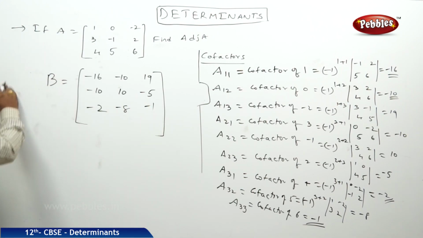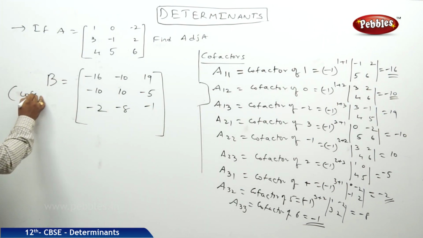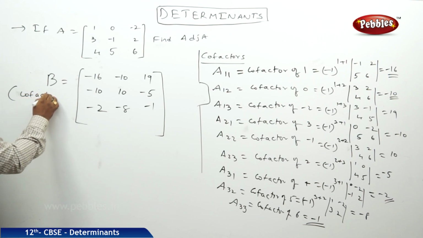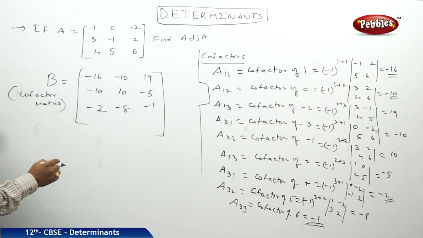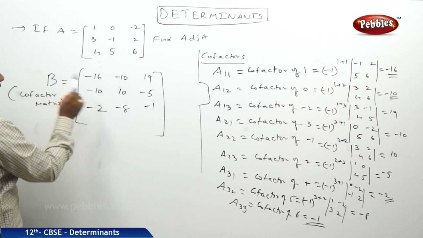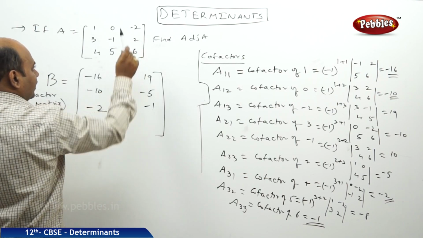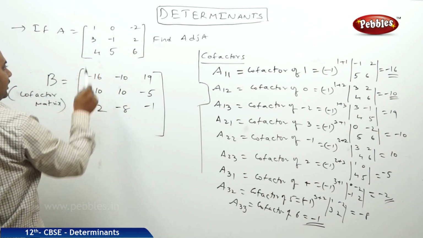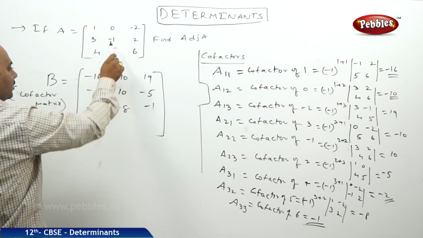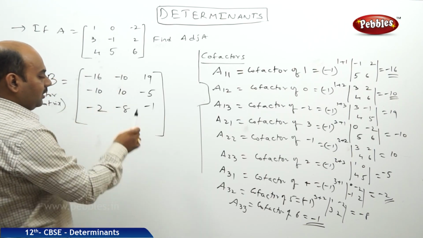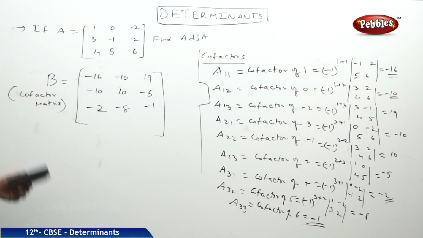That means, for my convenience, I call this the cofactor matrix. Why I call this the cofactor matrix: the cofactor of 1 is minus 16, of 0 is minus 10, of minus 2 is 19, of 3 is minus 10, of minus 1 is 10, and so on.